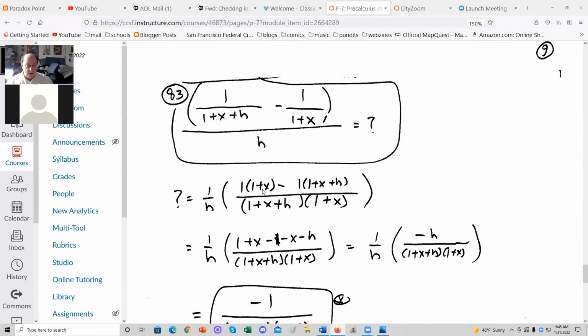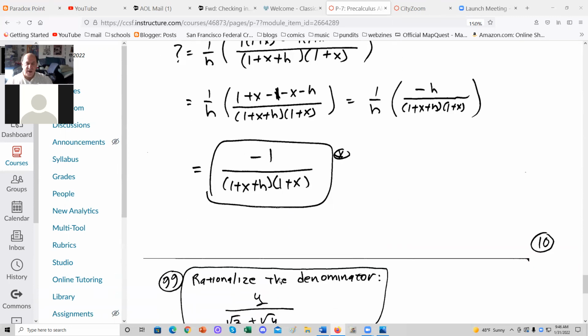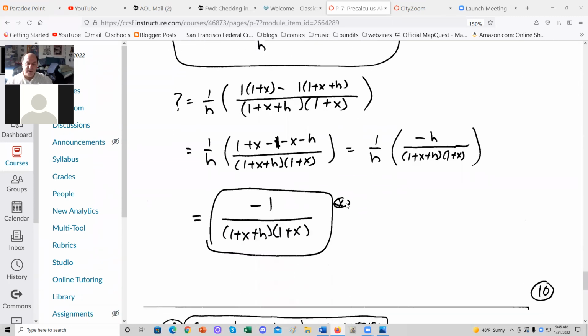So you get 1 plus x minus 1 minus x minus h. A lot of terms cancel in the numerator, the 1s, the x's. We're left with 1 over h times negative h over (1 plus x plus h) times (1 plus x). h over h cancels. We're left with negative 1 over (1 plus x plus h) times (1 plus x). And that simplifies that.